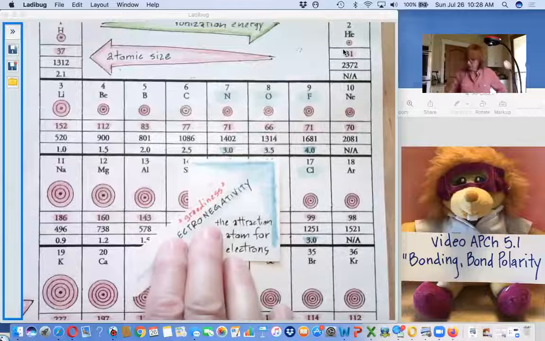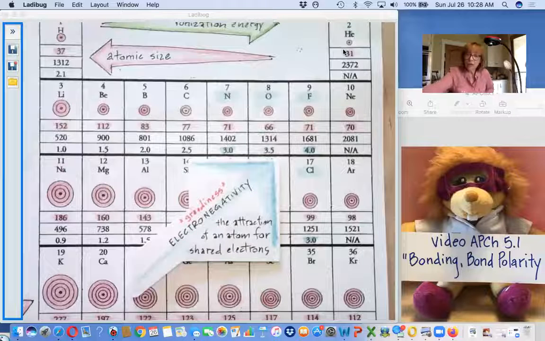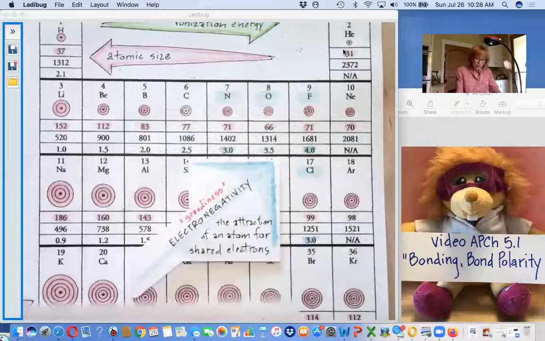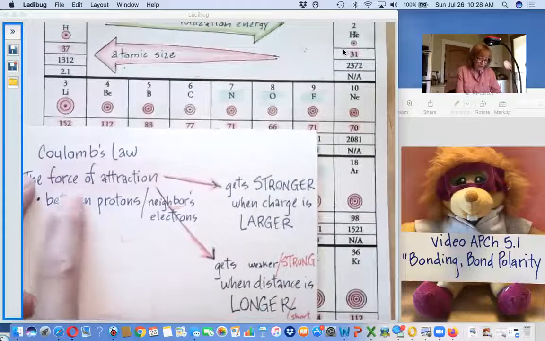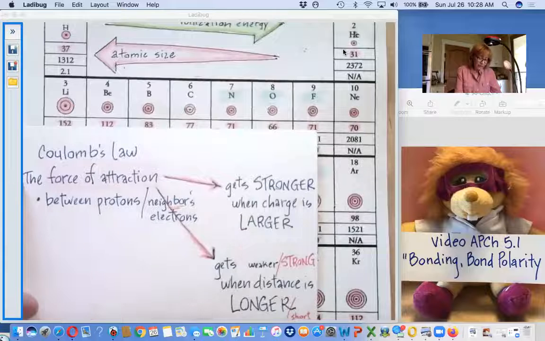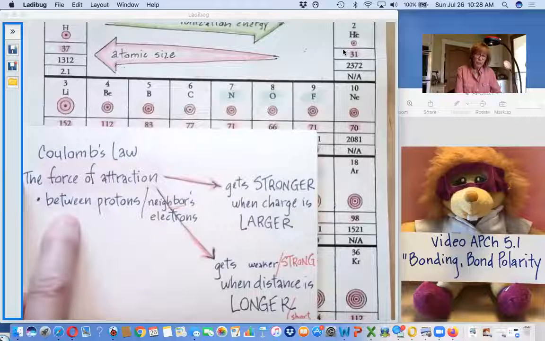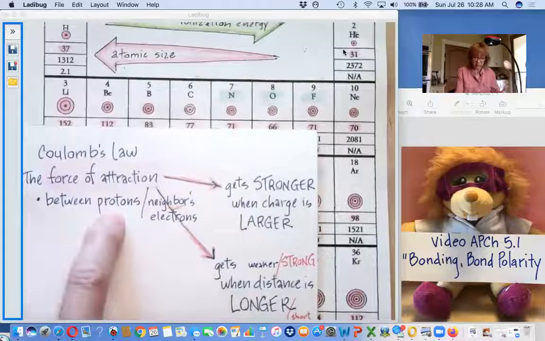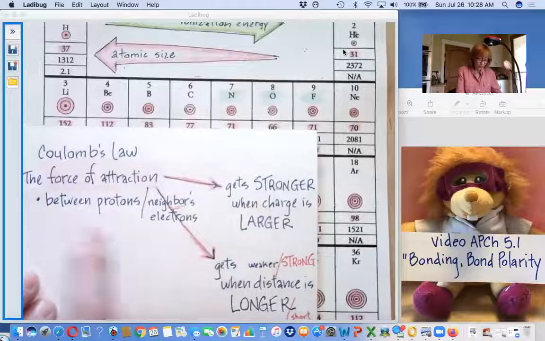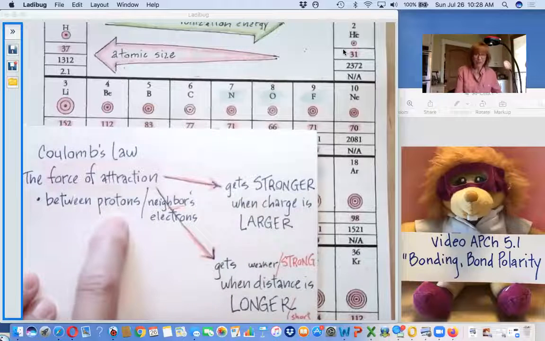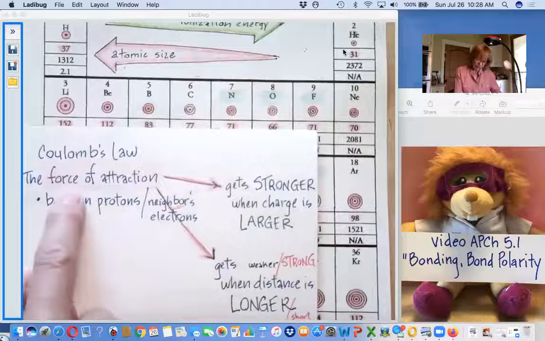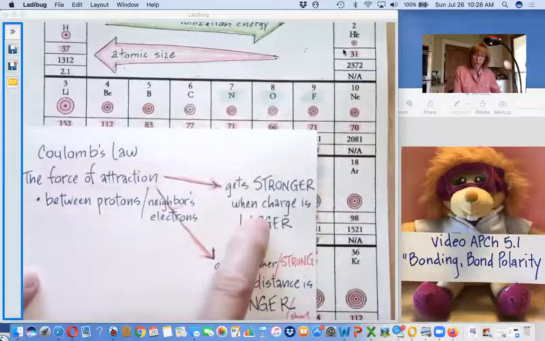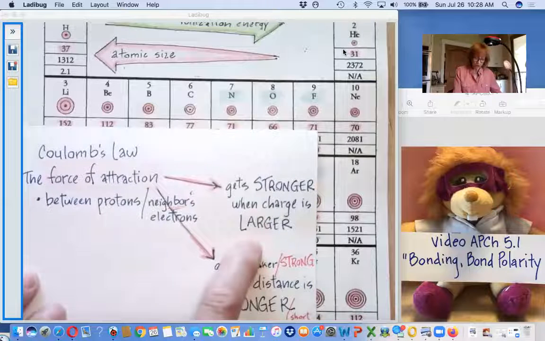This trend is going to follow Coulomb's law. No big surprise there. So you remember that Coulomb's law told us about force of attraction, and previously we've talked about that being between protons and the electrons of the same atom. Well, it can also refer to force of attraction between protons and the neighbor's electrons. That force of attraction gets stronger when charge is larger.